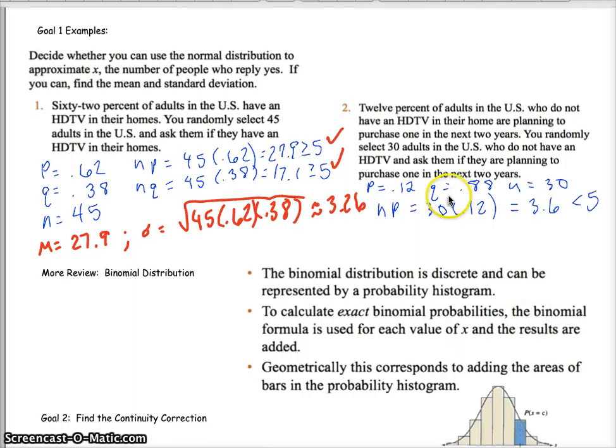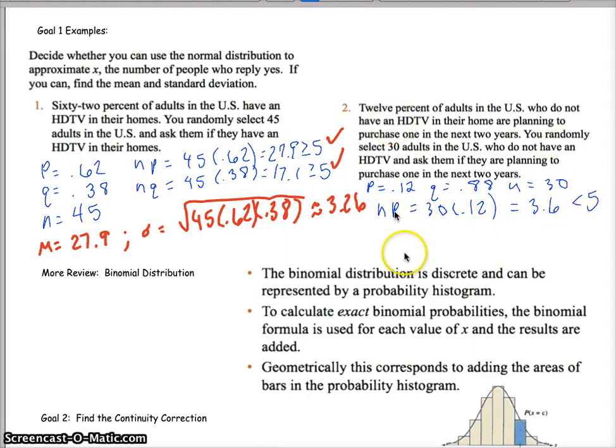Let's take a look at number 2. 12% of adults in the U.S. who do not have an HD TV in their home are planning to purchase one in the next 2 years. You randomly select 3 adults in the U.S. who do not have an HD TV and ask them if they are planning to purchase one in the next 2 years. So if we find the product of n times p, we immediately see that 3.6 is less than 5.